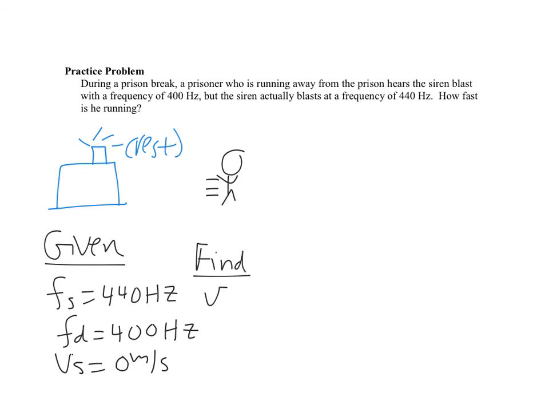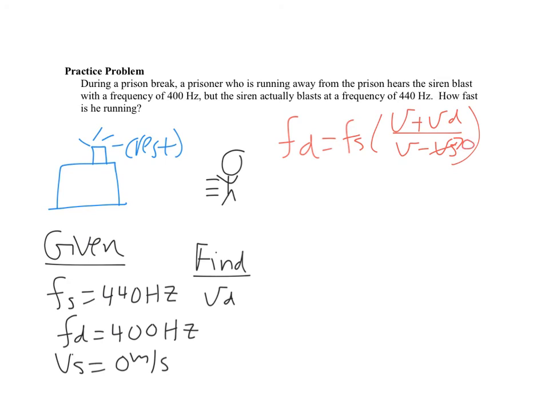And we're looking for how fast is he moving. Frequency detected equals frequency of the source, V plus Vd over V minus Vs. In this case, the Vs is 0, so that's a little bit easier since that goes away.